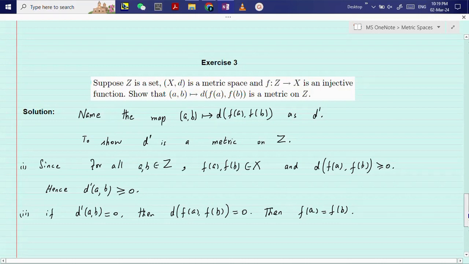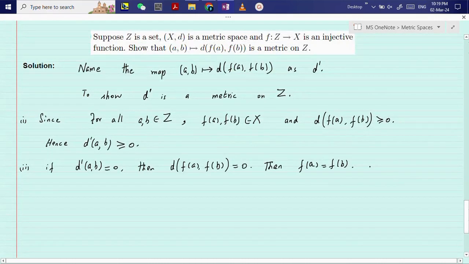And since f is injective, f is a one-to-one function, so what does it mean? It means that if f of A is equal to f of B, then the pre-images A and B are equal. Hence we have proved that if d dash of AB is equal to 0, then A and B are equal.